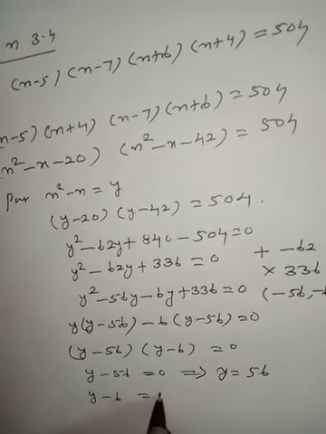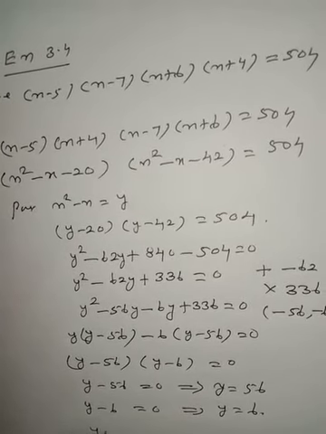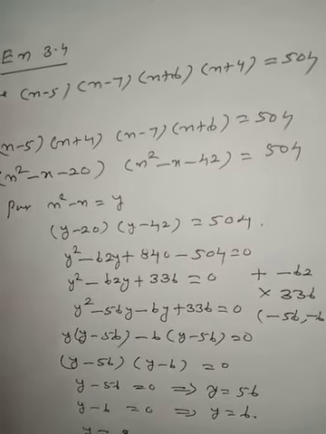Now y has two values, 6 and 56. Next, using x square minus x is equal to y, with y as 56 and another y as 6.